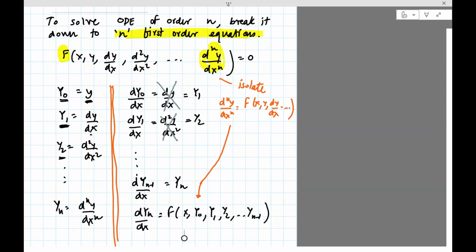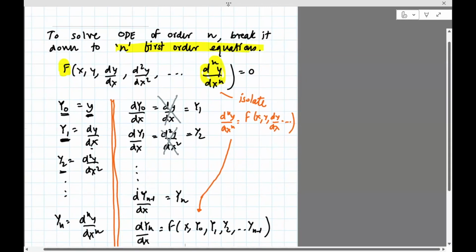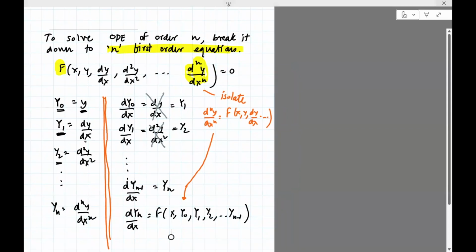Okay, so let's see how to do this. I think sometimes it's not very intuitive, and it's best illustrated with an example. So let's do a case where we have a third order equation, and then we'll see how to break it down to first order equations. So here's the problem.